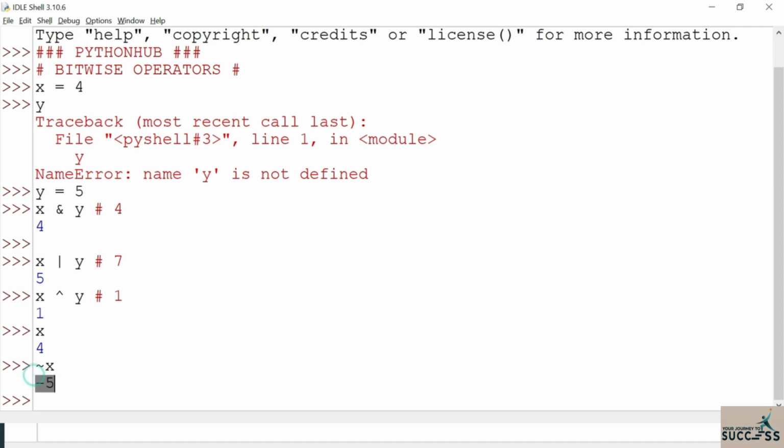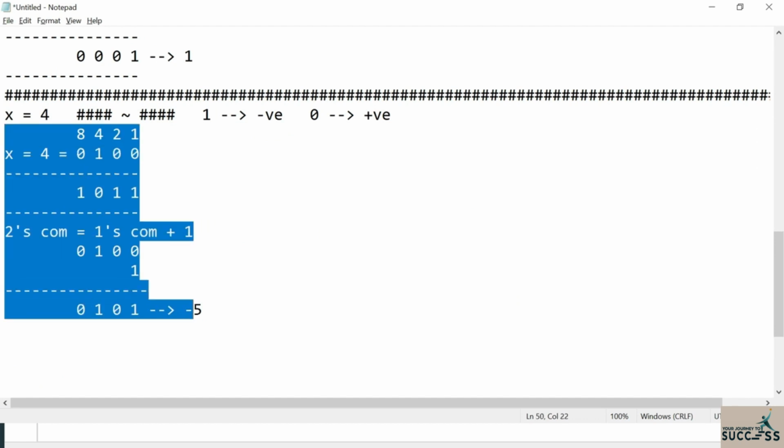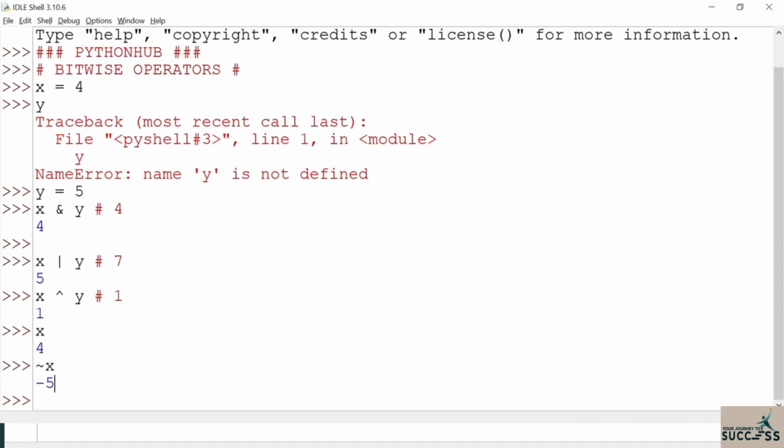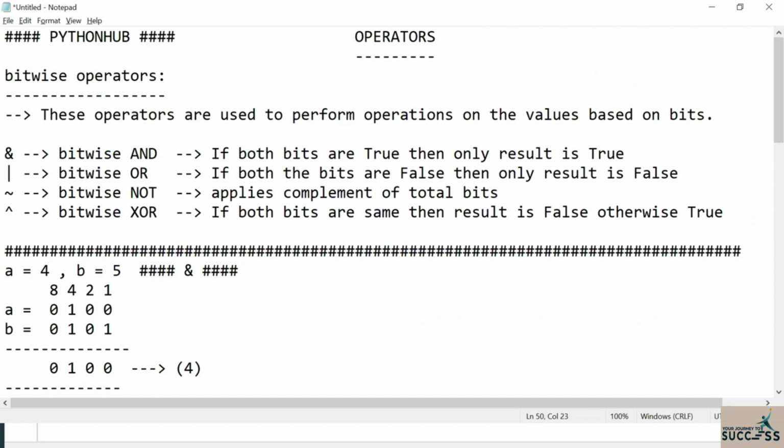In this way we can get the complement value, but manually we need to apply all these steps. I hope all of you understand how these bitwise operators work internally.